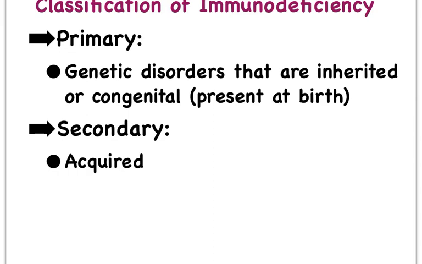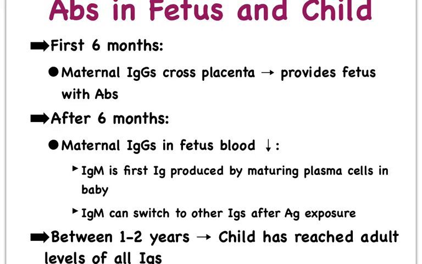Or immunodeficiencies can be categorized as being secondary, meaning that they're acquired in life. And that's where we will primarily focus on AIDS. Now, there are many more acquired immunodeficiencies, but that will be our focus. Regarding the primary immune deficiencies, we'll first focus on the B cell immunodeficiencies.